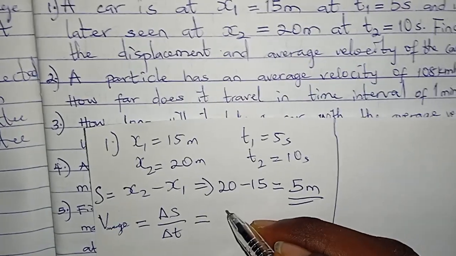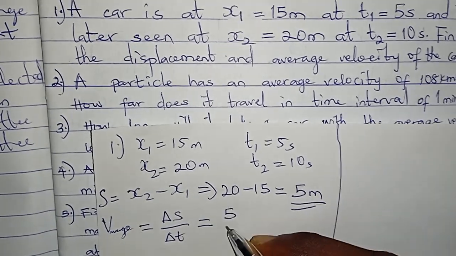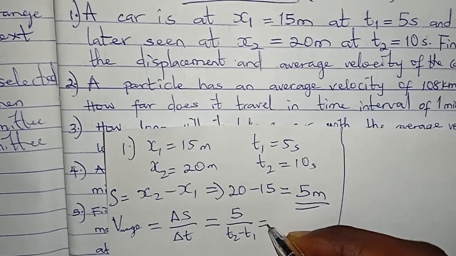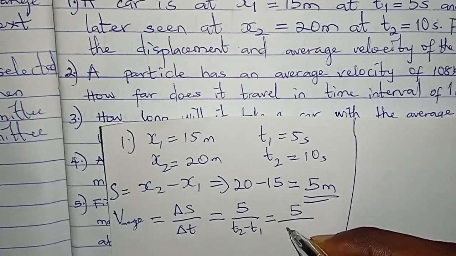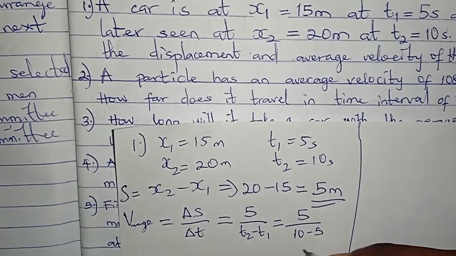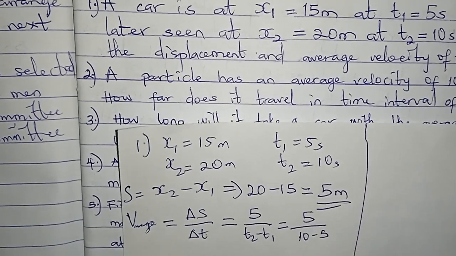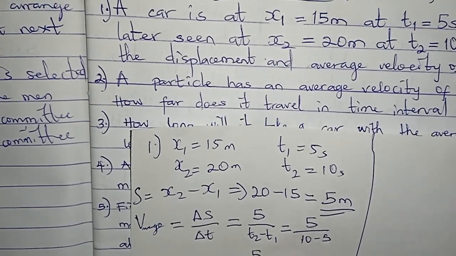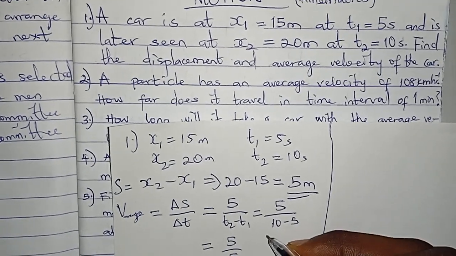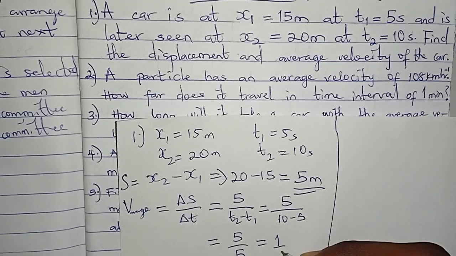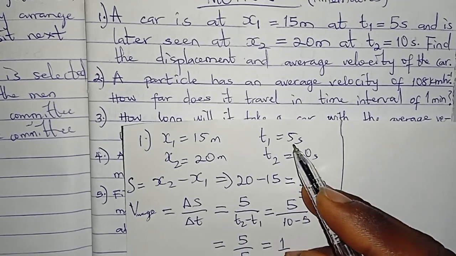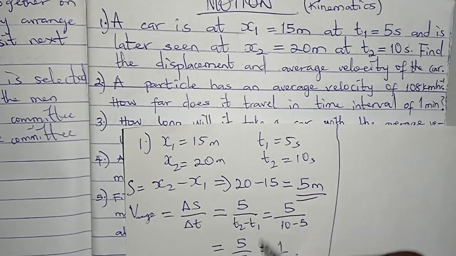So this is 5 all over t2 minus t1, which is the same as saying 5 over 10 minus 5. So this is 5 over 5, which equals 1. So it's correct.